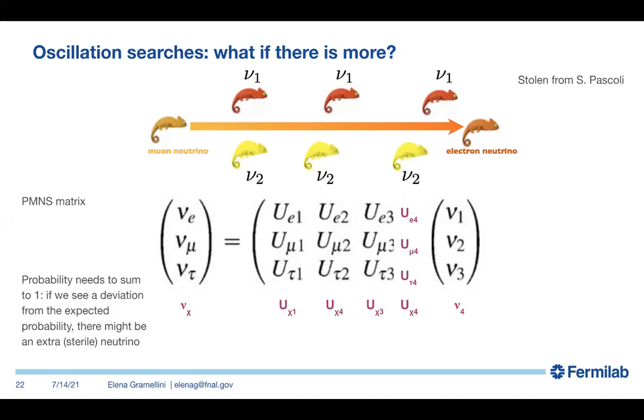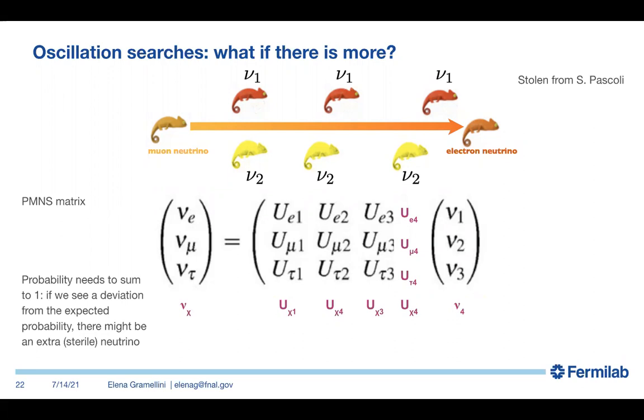I butchered the matrix here, but adding a fourth state means that you also change the shape of your oscillation matrix. The probability still needs to sum to 1, which means that if you started with a certain amount of neutrinos at the beginning, you're going to have the same amount of neutrinos at the end.